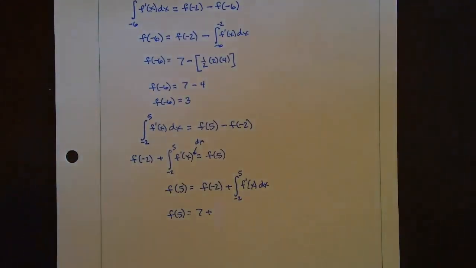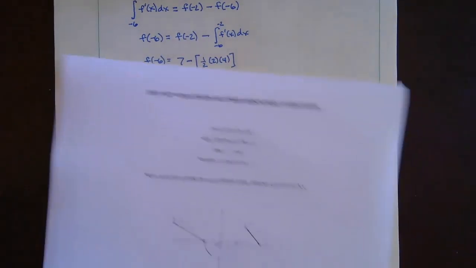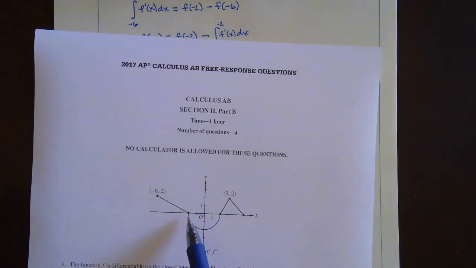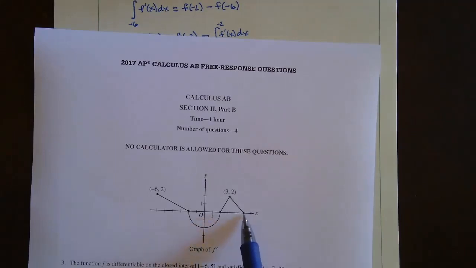We want to do the integral from -2 to 5. From -2 all the way to right here is 5: 1, 2, 3, 4, 5. So we want to go from here all the way to here. All of this is below the axis, so my function values are negative, and I'm integrating left to right, so all of this is going to be negative area.